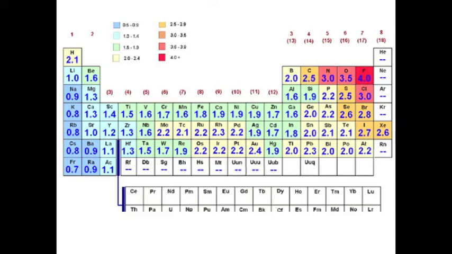This periodic table is labeled with the element's electronegativities. Red corresponds to a high electronegativity, and blue corresponds to a low electronegativity. Which atom is more electronegative, carbon or oxygen? Oxygen has a much higher electronegativity than carbon, so it's better at pulling the electrons that it shares with hydrogen.